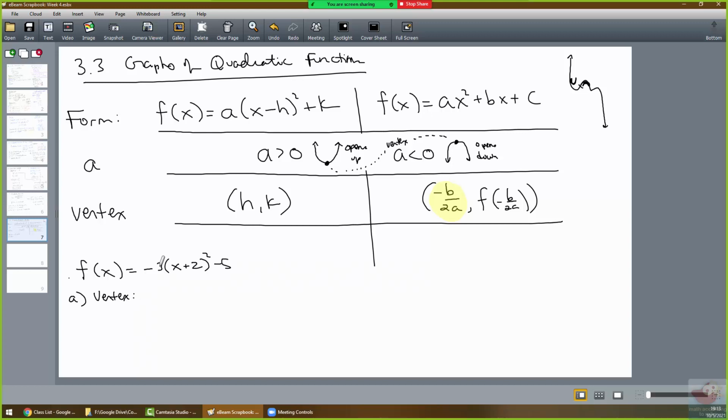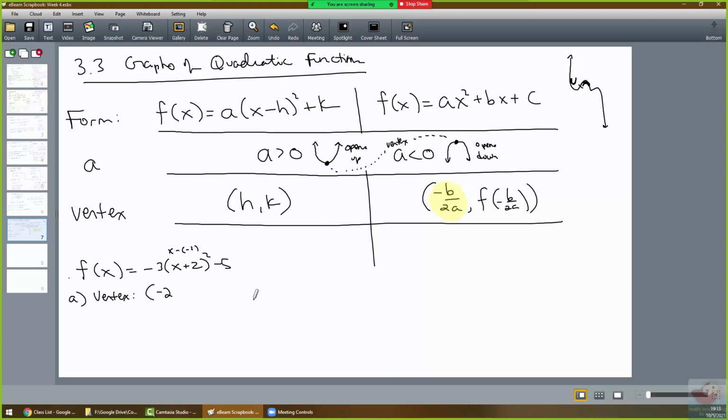So be careful. The format is x minus h. We have x plus 2. What is our h? Wouldn't it be -2? Excellent, because this is really x minus -2. And then the format says plus k.